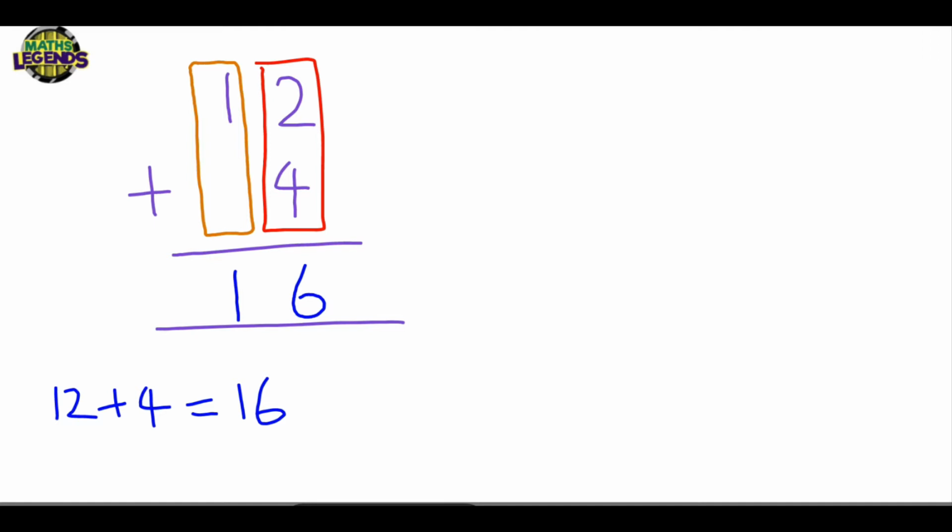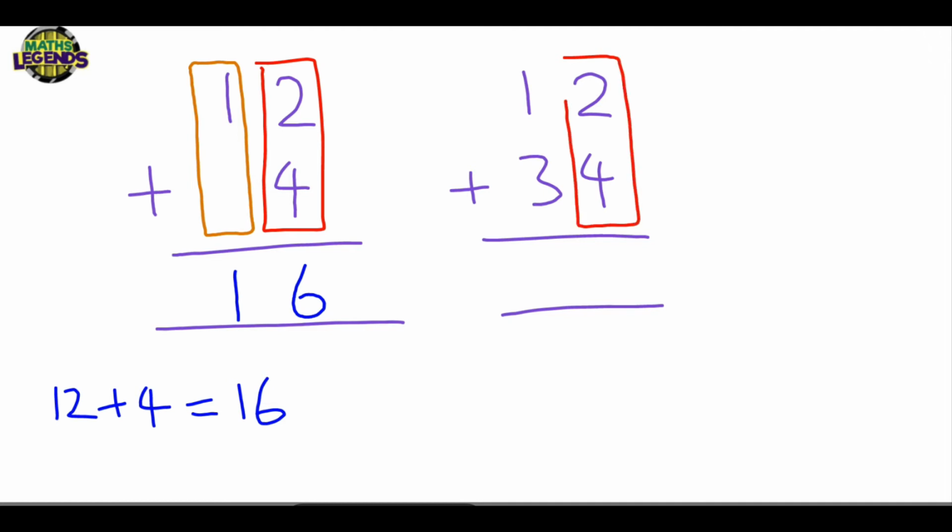Let's look at another example: 12 and 34. So again, we look at the right-hand side column, which, as in the previous example, is 2 add 4, which equals 6.